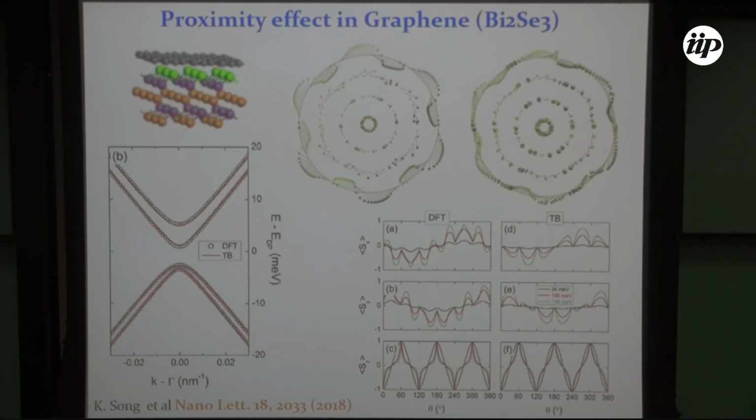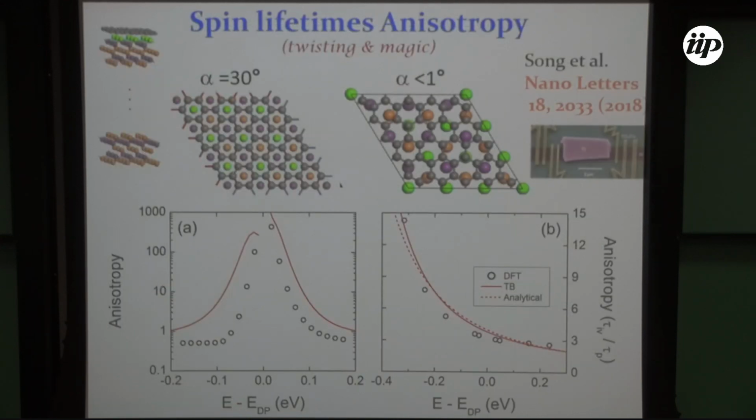And what you find, again, in this case, is that the out-of-plane spin texture is very strong, and the Rashba actually disappears when you get closer to the Dirac point. There's a small gap at the Dirac point. As a result, depending on the twist angle, your spin transport anisotropy can change very strongly.